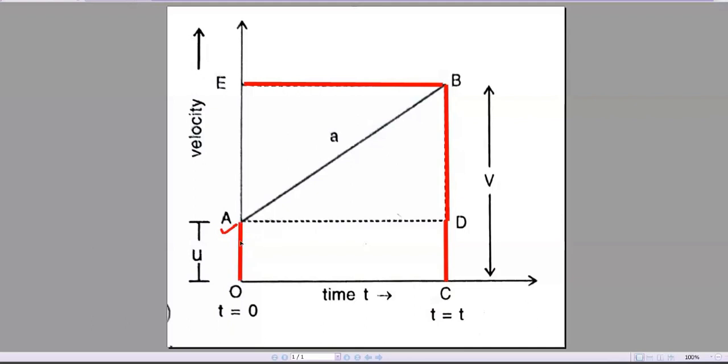And this OA is equal to DC. Right? And this is the reason that BC, which is final velocity, is equal to DC, that is initial velocity, plus BD, that is change in velocity. So from this, we can say that BD is change in velocity.